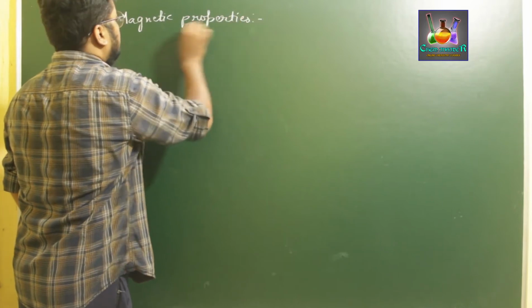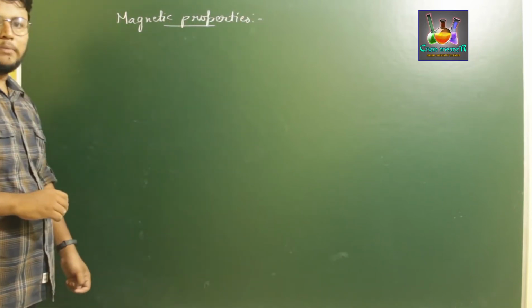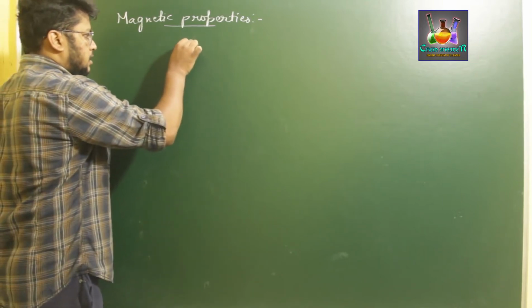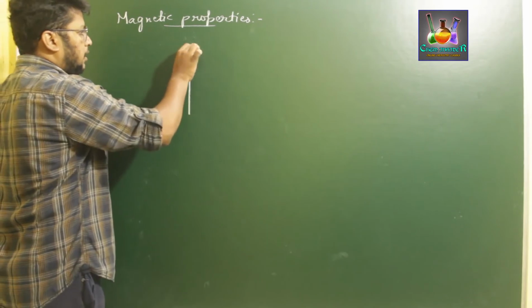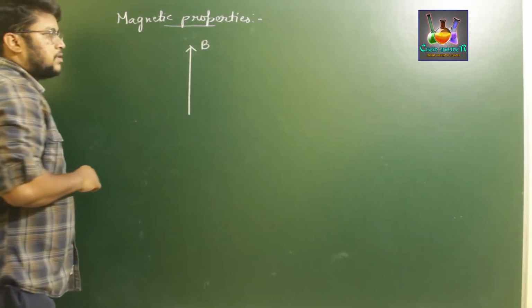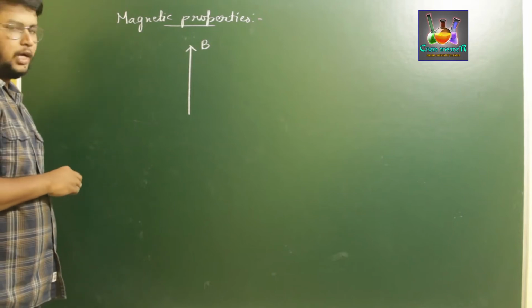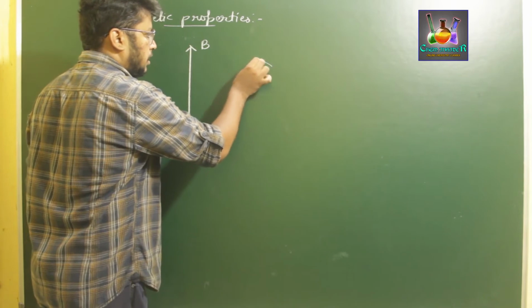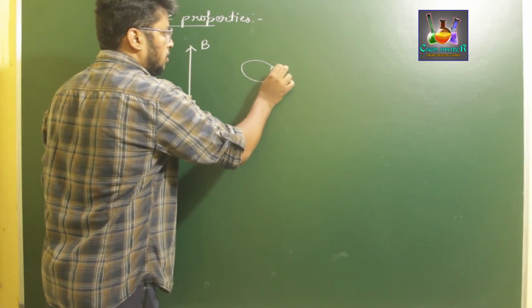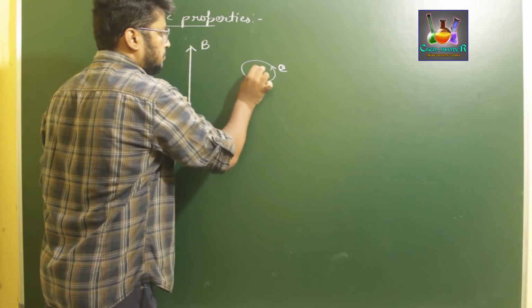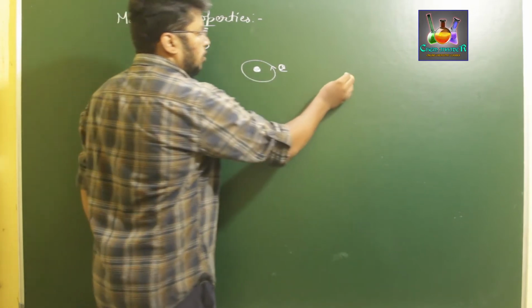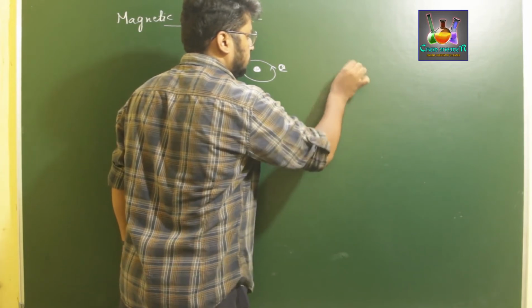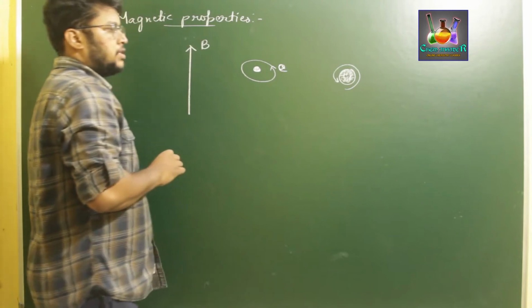The magnetic properties involved in a solid crystal depend upon the electrons. Let us consider this as our applied magnetic field B. An electron has two types of motion: one is the angular motion around the nucleus, and the other is the rotation of the electron around its own axis.